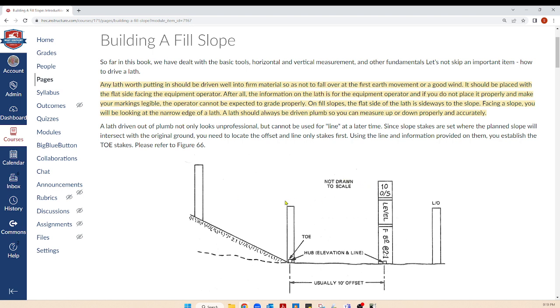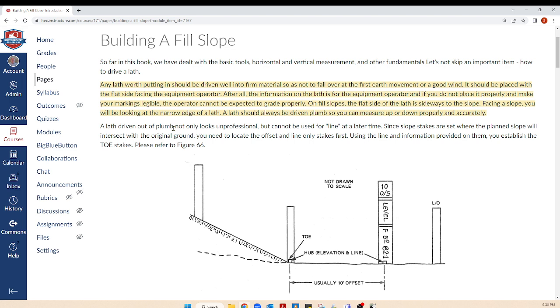You'll be standing out here and looking at the narrow edge instead of the flat edge. We show it like this so we can show the writing on it as we're describing this situation. Like here, all of this information would be facing the slope, and then these stakes would be facing the way they are. This one again would be, because you need to read this stuff to set this toe.